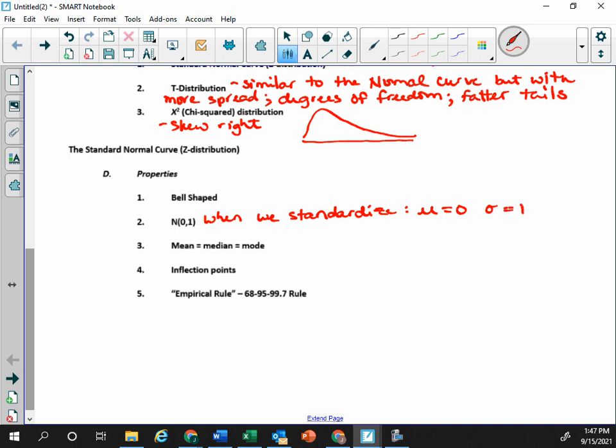The capital N represents the normal curve, so the standard normal curve always has a mean of 0 and a sigma of 1. Because it is perfectly symmetric, your mean, median, and mode are all going to be the exact same thing.